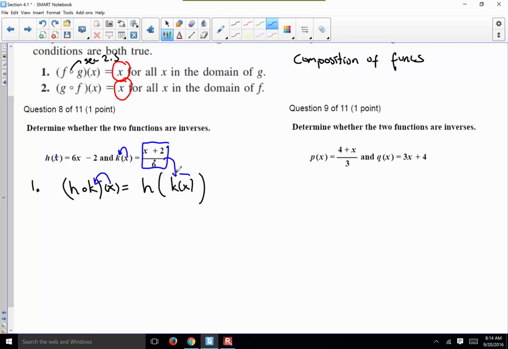That's what I'm going to enter here. Look, K of X is X plus 2 over 6. I'm just substituting here because that's what it says. X processed by this bus goes to this address. So I'm going to put down that address in the belly of H.